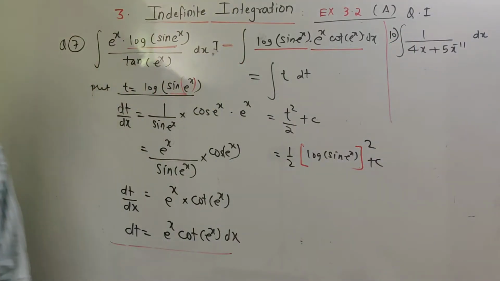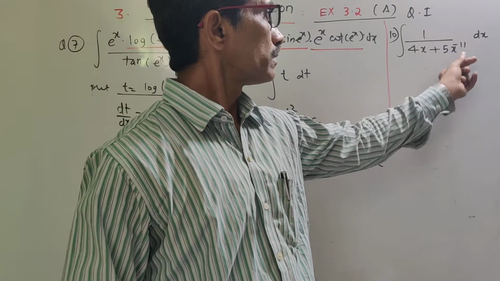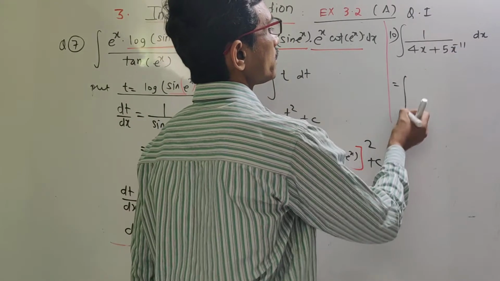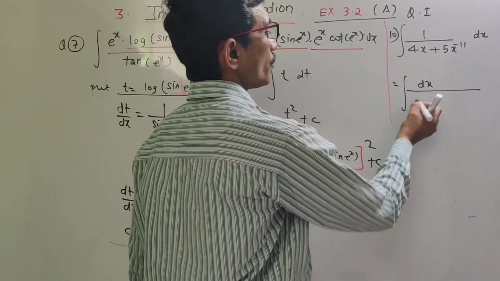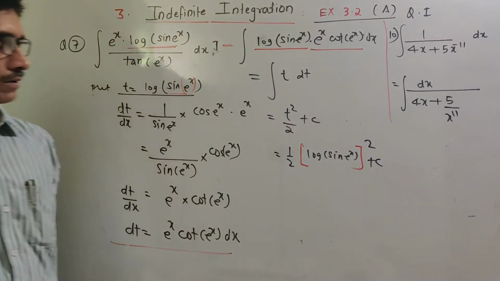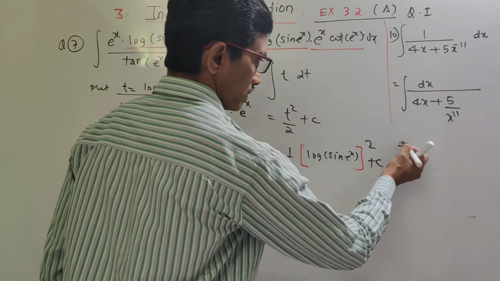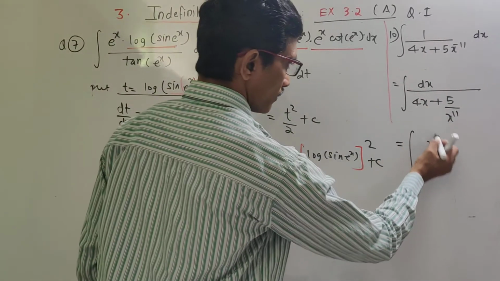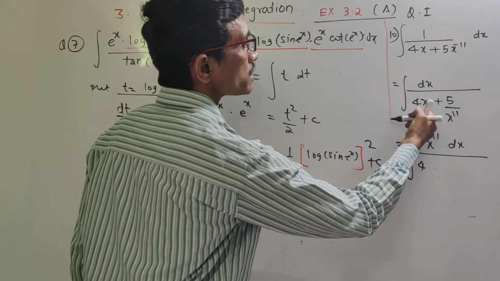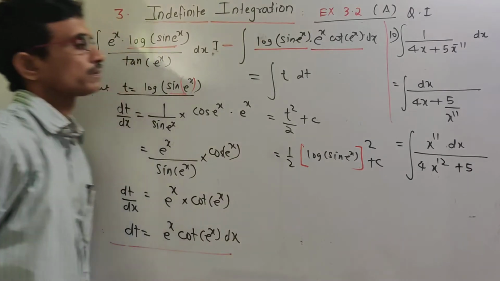Question number 10 is dx upon 4x plus 5x raised to power minus 11. This x raised to power minus 11 is 1 upon x raised to power 11. Simplifying again, x raised to power 11 goes in the numerator, so we get x raised to power 12 into 4, plus 5. The derivative of x raised to power 12 is 12 into x raised to power 11.